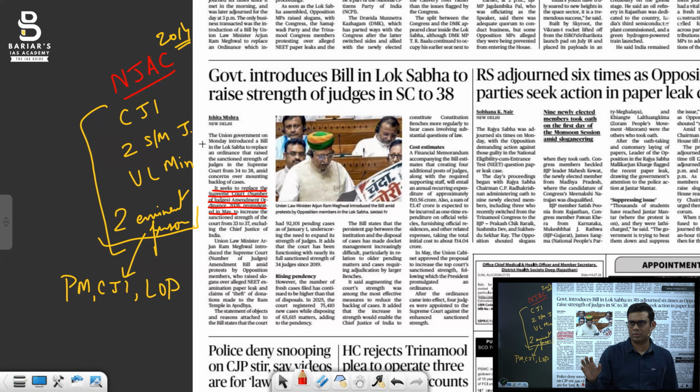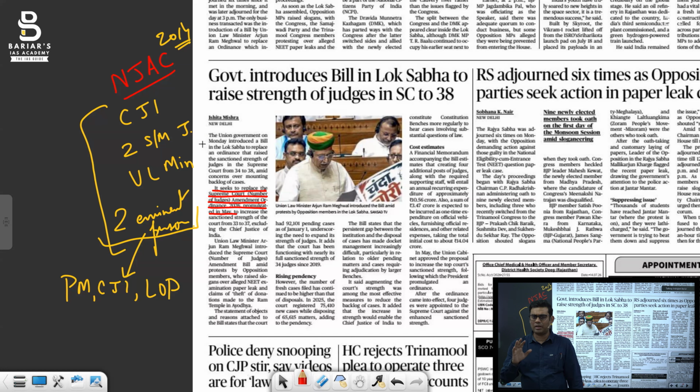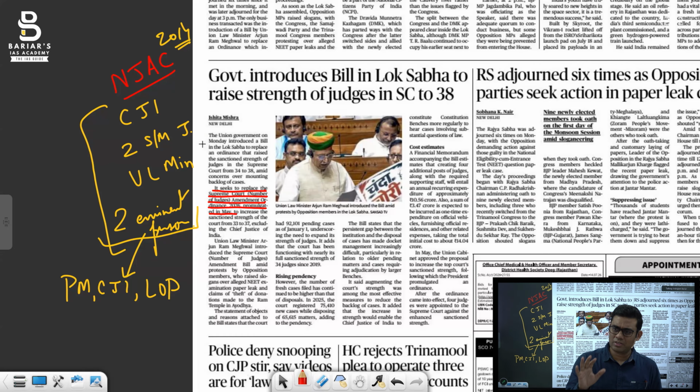Abhi kya July hai na? So let's say Lok Sabha reassembles on 1st of July and Rajya Sabha assembles on 10th of July. From which date you will calculate 6 weeks? Lok Sabha.